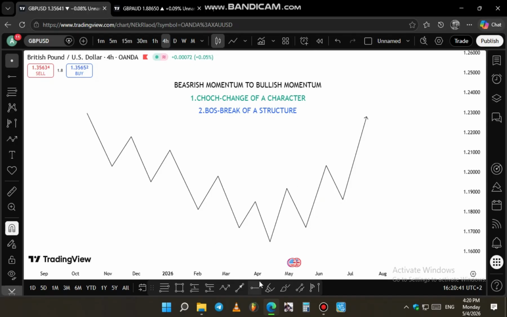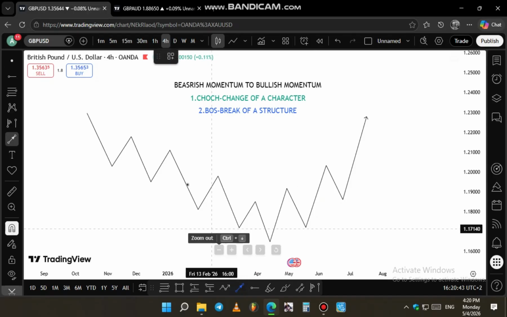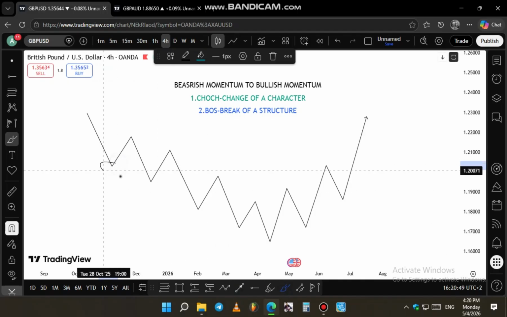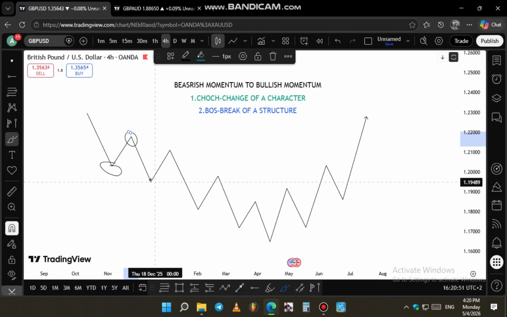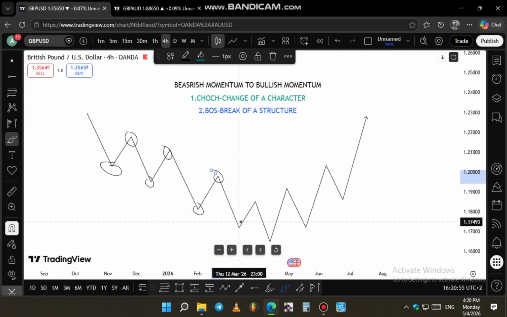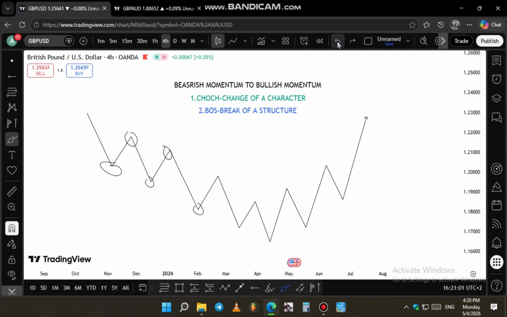And when the market is moving in a bearish momentum, it creates lower low, lower high, lower low, lower high, and lower low. You see, I hope you see that.